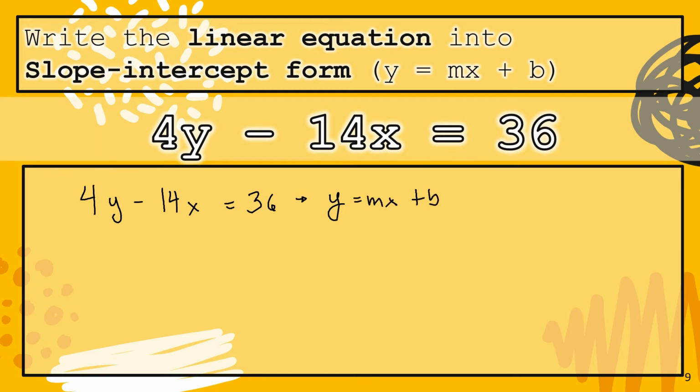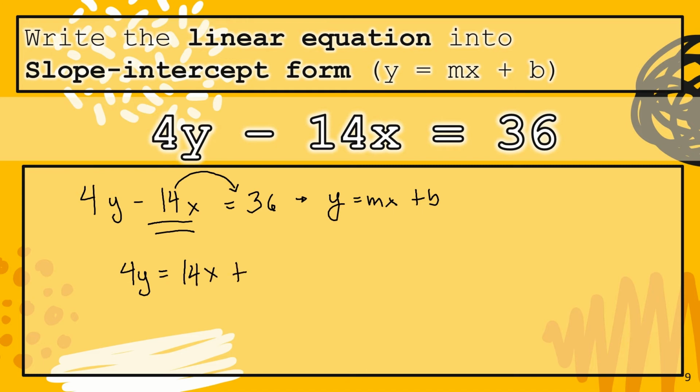So in our case, we need to move negative 14x to the other side of the equation. So 4y equals, from negative 14x, it will become positive 14x, followed by positive 36.